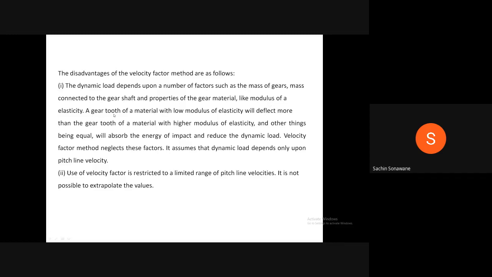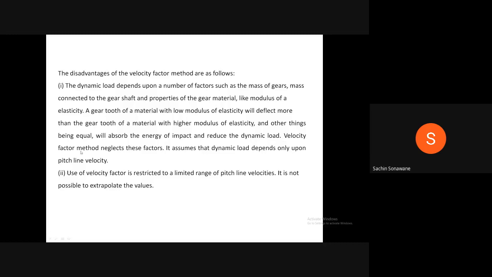A gear tooth of a material with low modulus of elasticity will deflect more than a gear tooth of a material with high modulus of elasticity, and other things being equal will absorb the energy of impact and reduce the dynamic load.